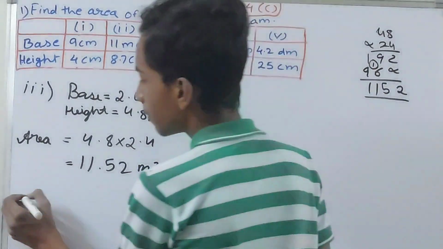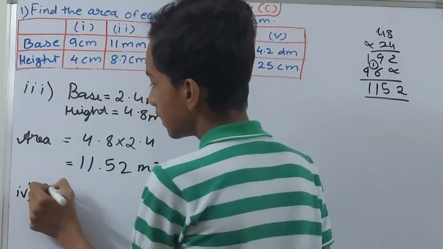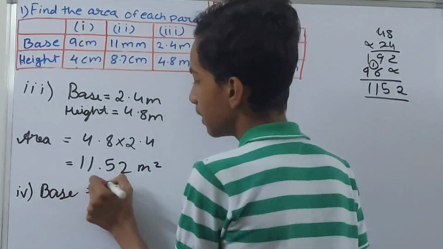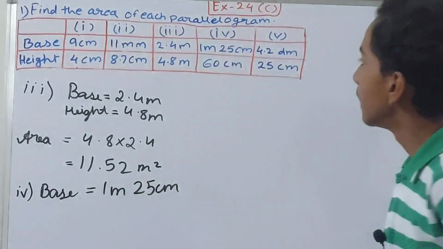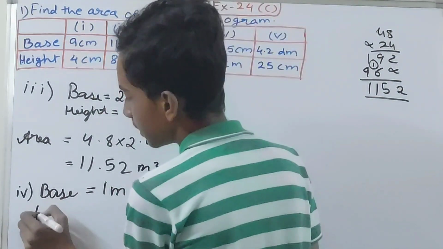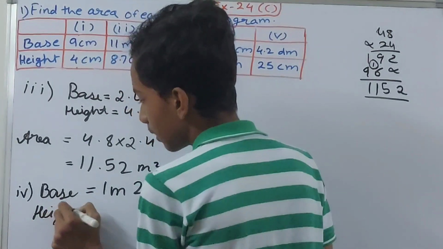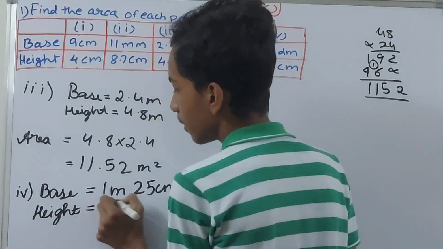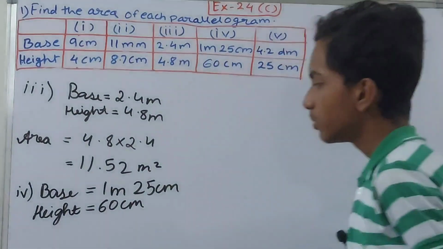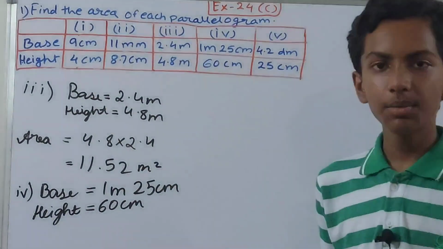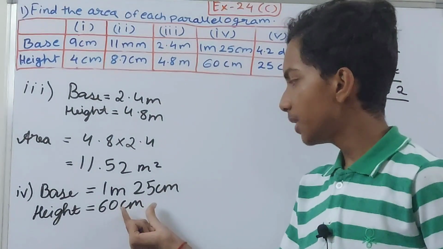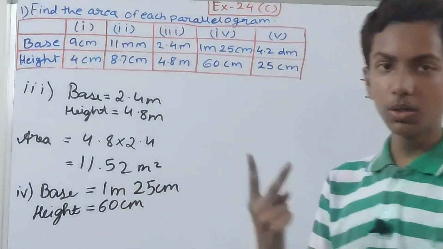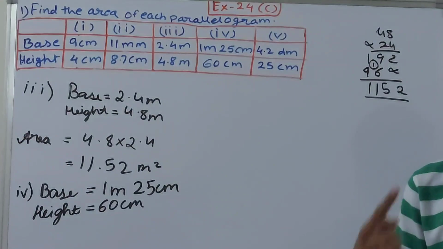Now, the fourth one. Here the base is 1 meter 25 centimeters, and the height is 60 centimeters. One unit is in centimeters but the other number has two different units, so we'll change them into one unit only.